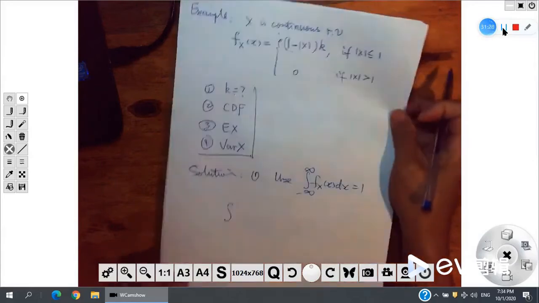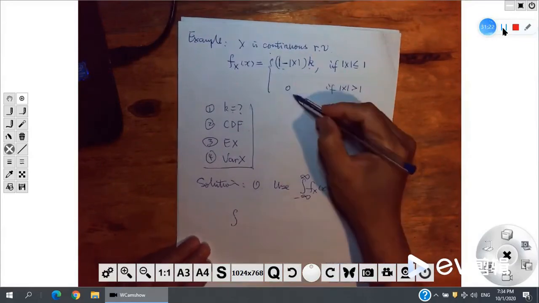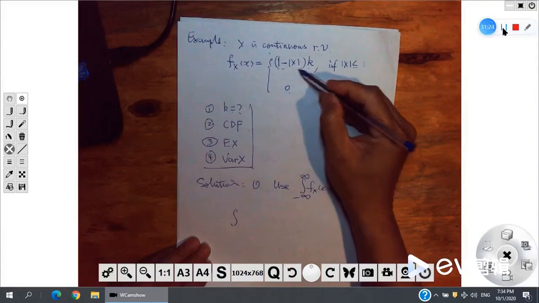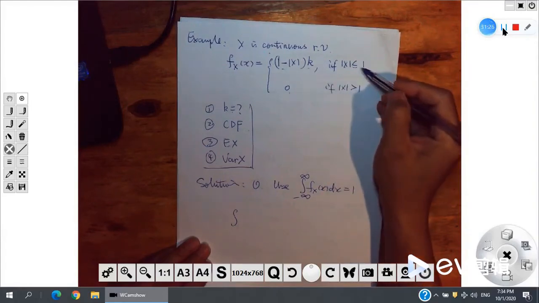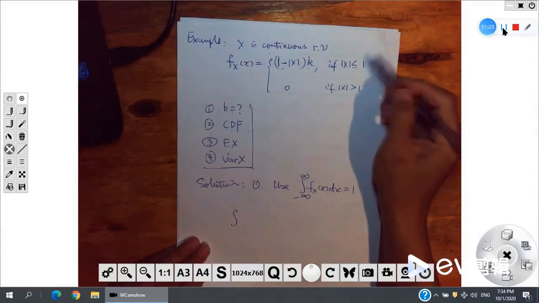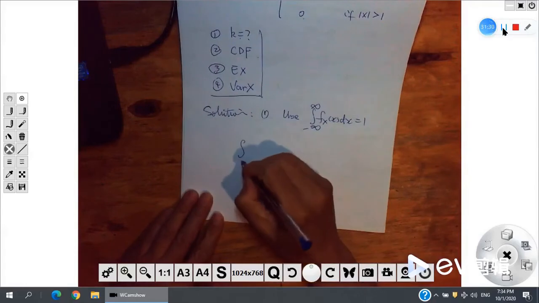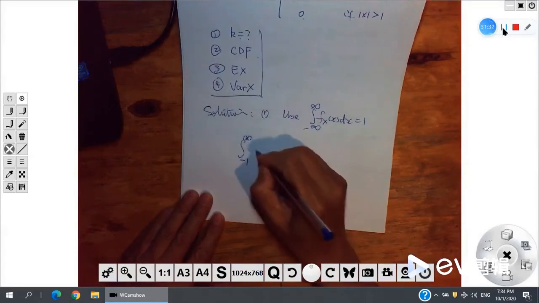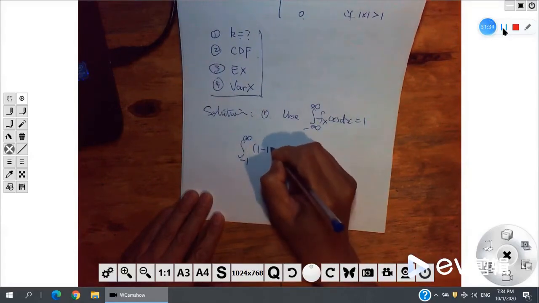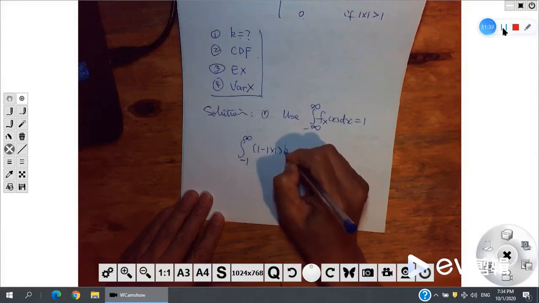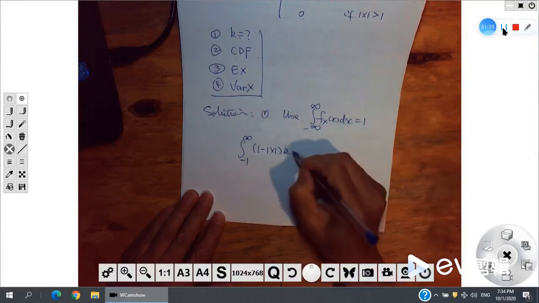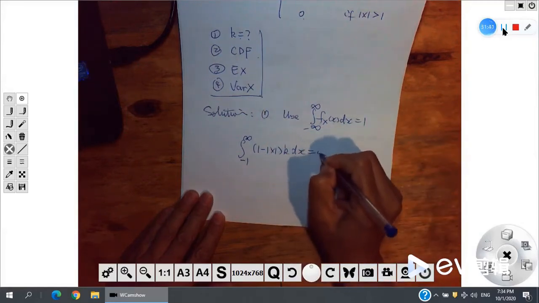Most of the fX is 0, so we only need the part where x runs from -1 to +1. So it is the integral from -1 to +1 of (1 minus the absolute value of x) k, which is fX, dx equal to 1.